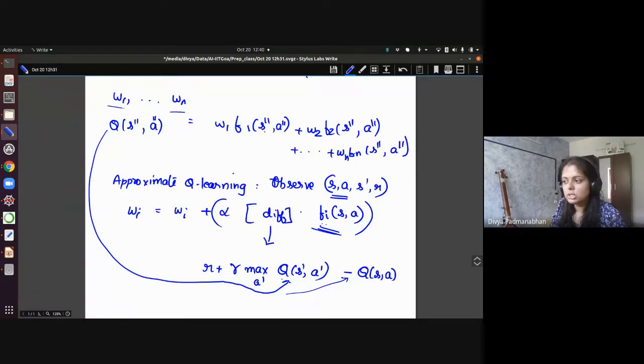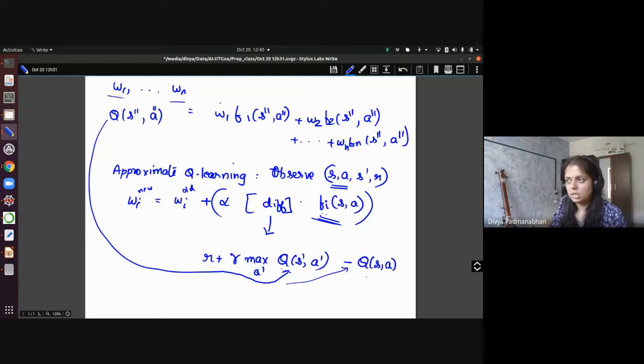Here what you will do is use the old estimates. So let me call this Wi new, and this is Wi old. To compute this, you will use the old estimates, so you compute it using W1 old, W2 old, and so on. So it's a simple update.